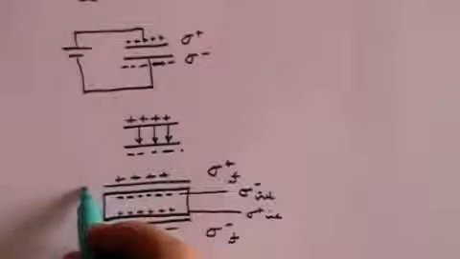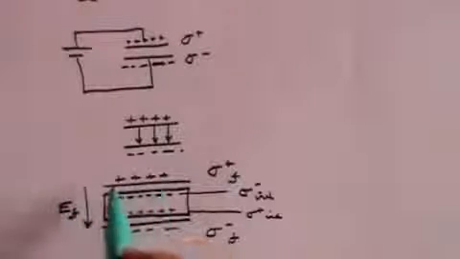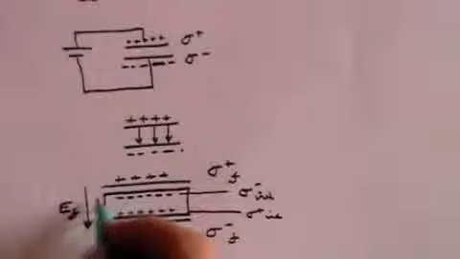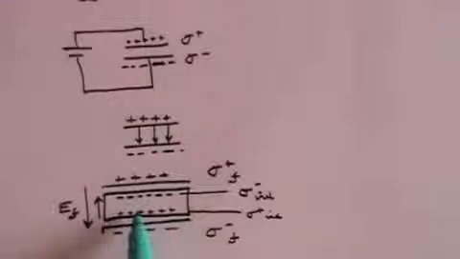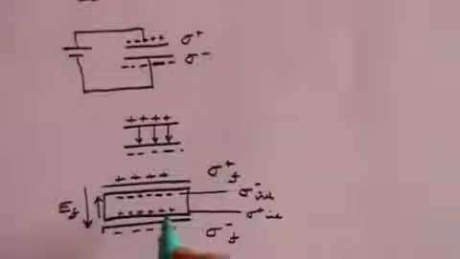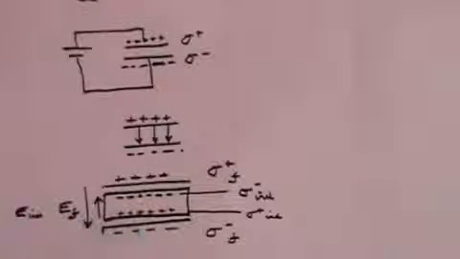That means that you've got an electric field, which we might call the free electric field, between the positive and the negative plates. But you've also now got an induced field between the positive and negative edges of the dielectric, and let's call that E induced.